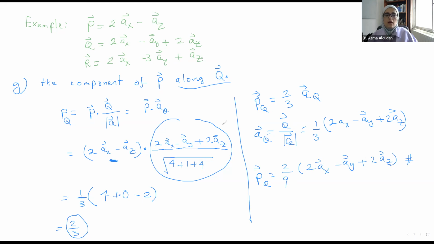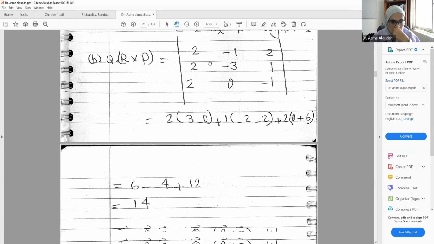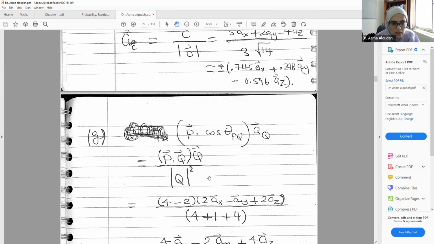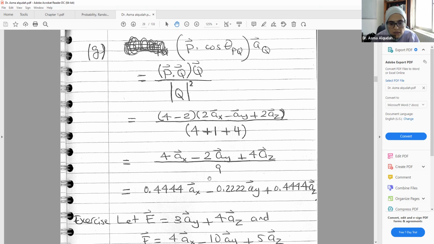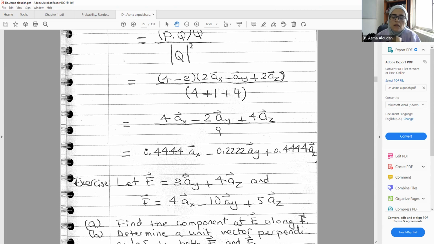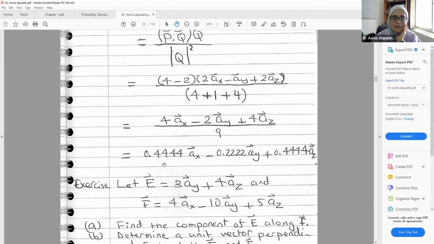This is the vector projection of P along Q. Let's go to part G and make sure we have done everything correctly. Yes, if we divide the result we had on the whiteboard by 9 and use the calculator, we would get this result.